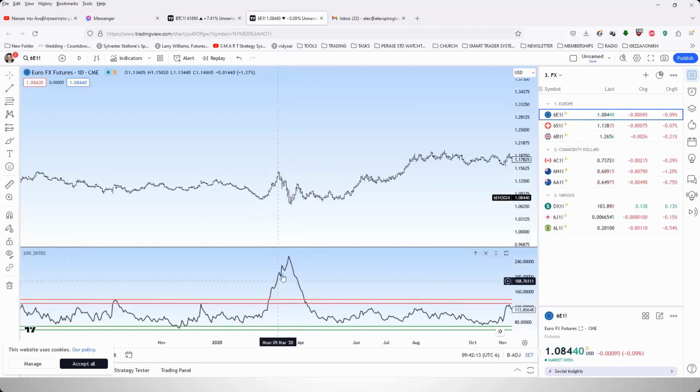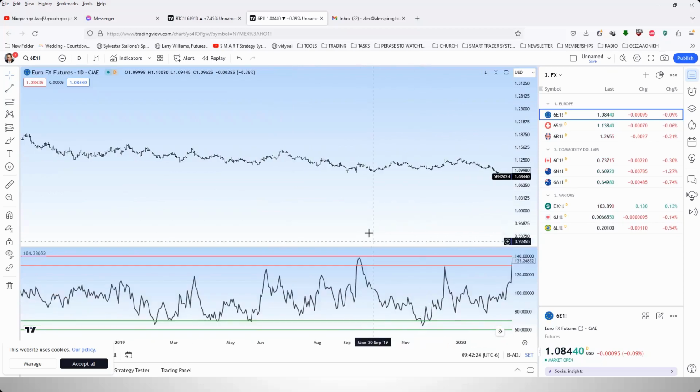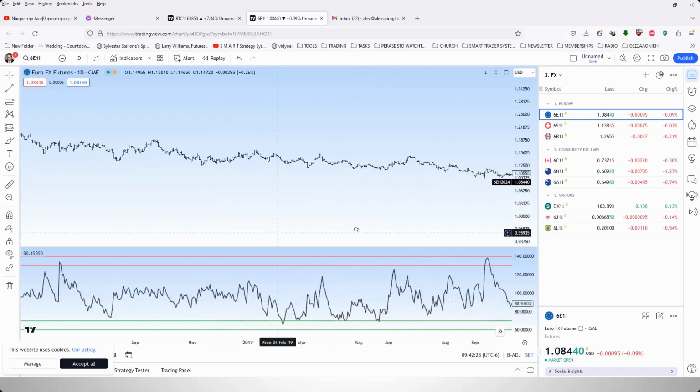As you can see here, it kept rising and rising all the way up until it capitulated, but it is a setup tool. Still, you can see when it capitulated, that was the bottom. Same thing here, it was the top. Again, capitulation of the indicator here at the bottom, at the top, and so forth.